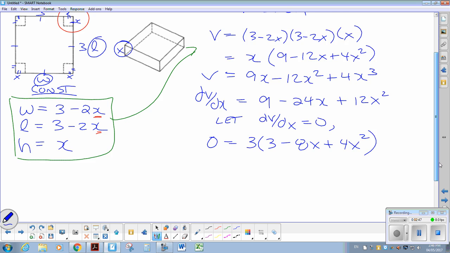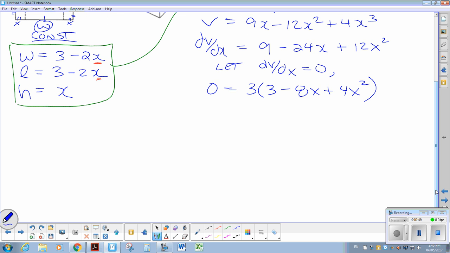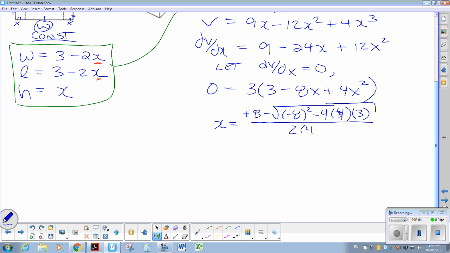So at this point you have a choice of factoring or using the quadratic formula. I'm just going to jump to the quadratic formula. Negative negative 8, squared, minus 4 times 4 times 3, over 2a.